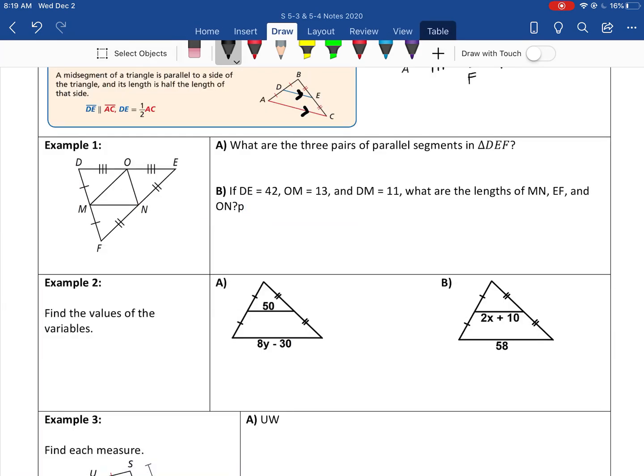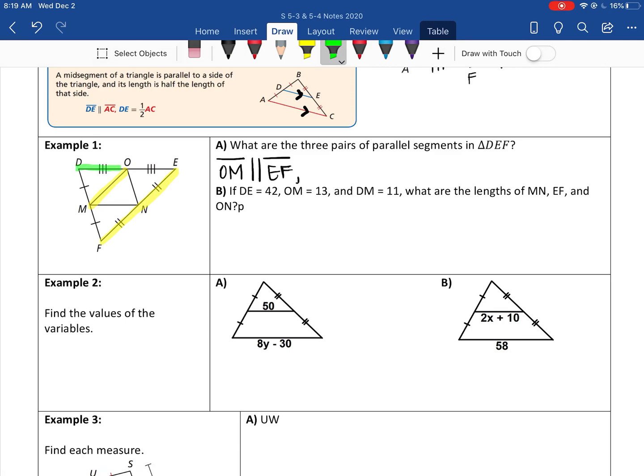We want to find the 3 pair of parallel segments in triangle DEF. Okay, well, in order to find your 3 parallel segments, you have to find each midsegment. So OM is 1, and OM is going to be parallel to its opposite side, which is EF. So we can say that OM is parallel to EF.